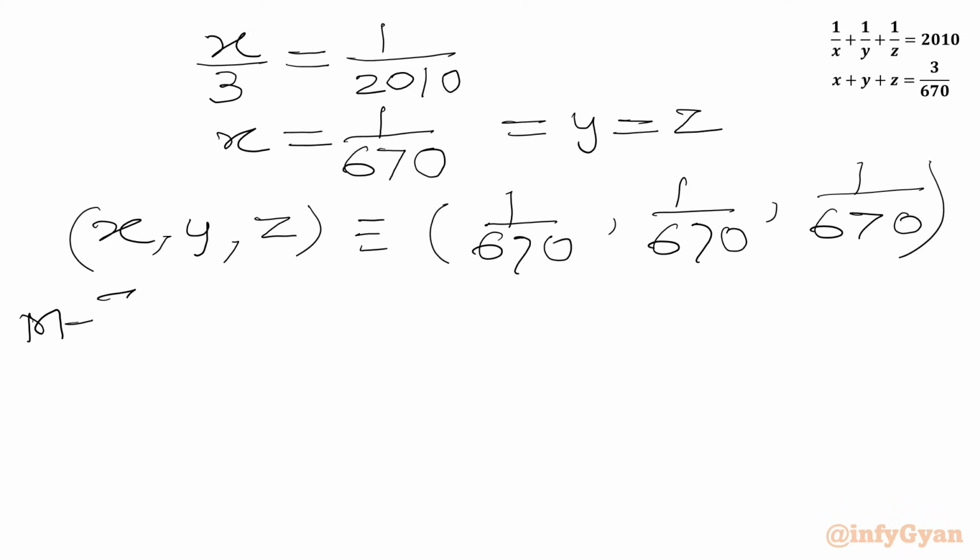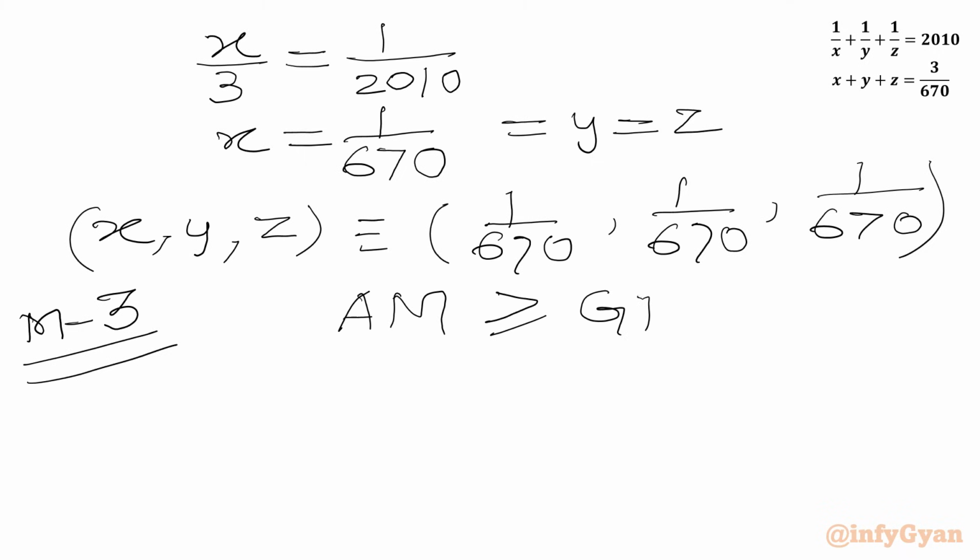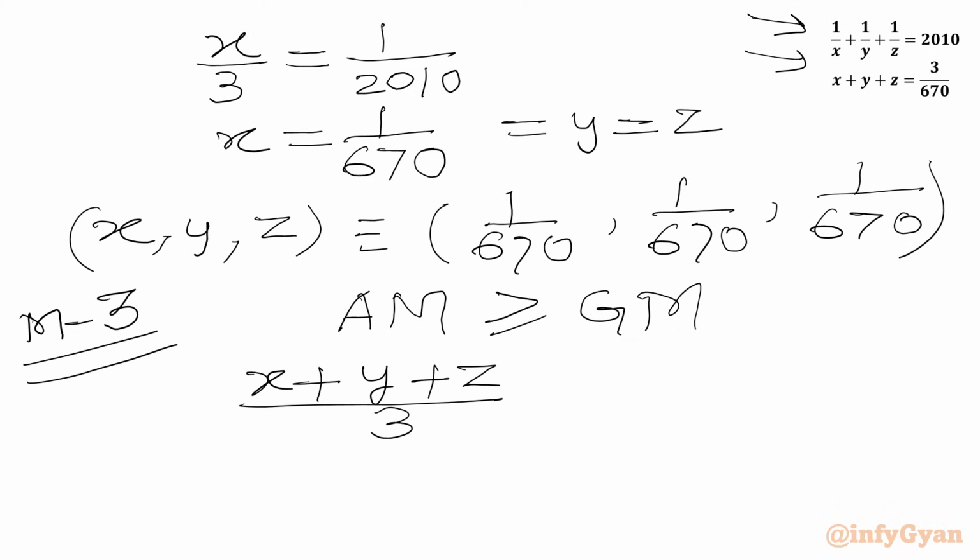Now we will take up method number 3. In this method, we are going to use AM greater than or equal to GM inequality. So let us find AM greater than or equal to GM for both the values. So let me write here x plus y plus z over 3.